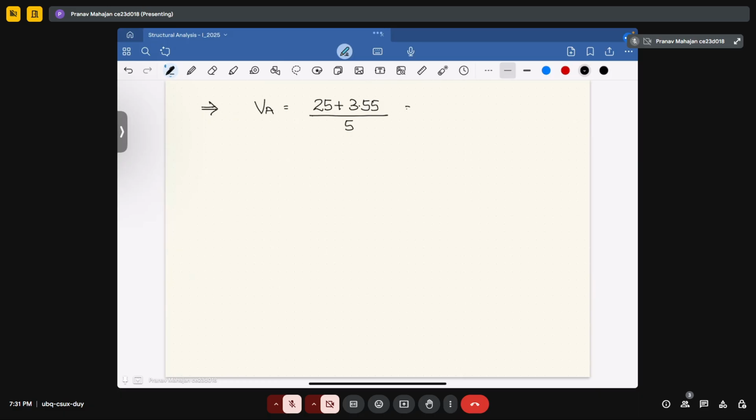It will give me the value as 5.71 kilonewton. Okay, so you have calculated the reactions.